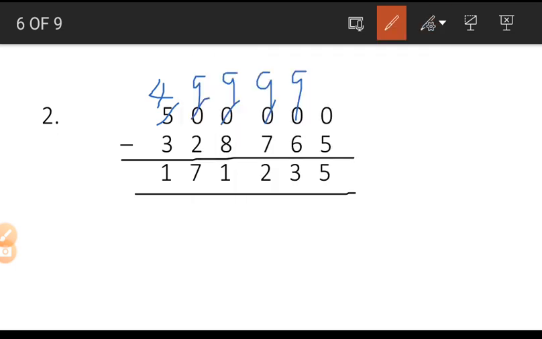Now if the last digit is 10, what we do next is to subtract 5 from the 10. And when we do that, we get a 5.